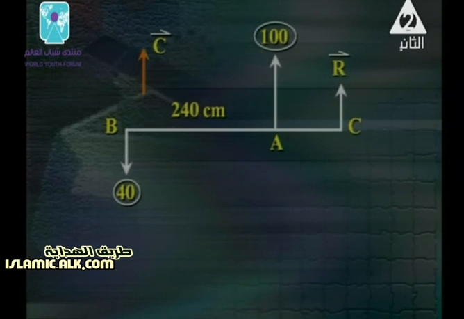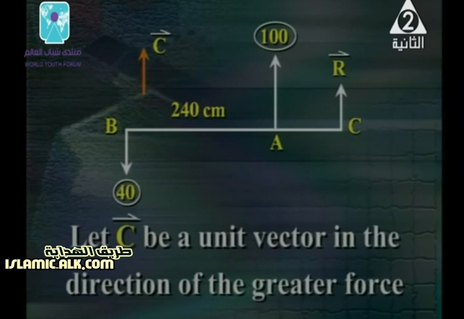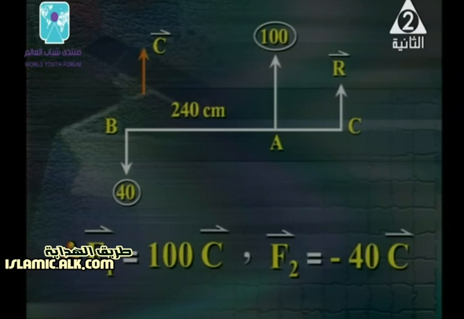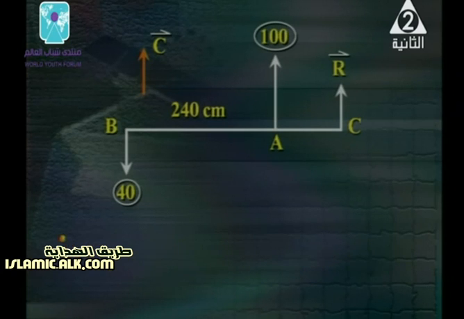Remember, dear student, let c be the unit vector in the direction of the greater force, which is also the direction of the resultant force. F1 in this case equals 100c, and F2, in the opposite direction, equals negative 40c.